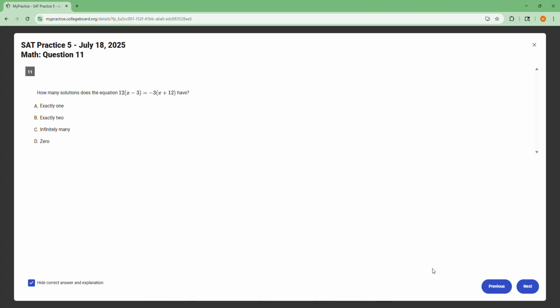What if I change the plus 3 over here to plus 2? Right. And once again, all of the variables cancel out, but we're left with a false statement this time.